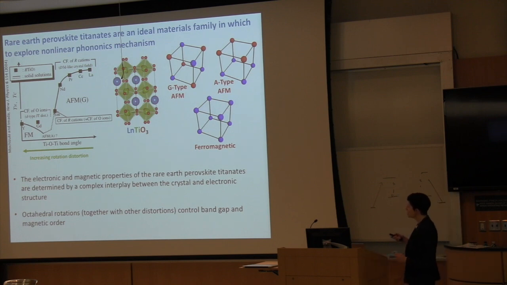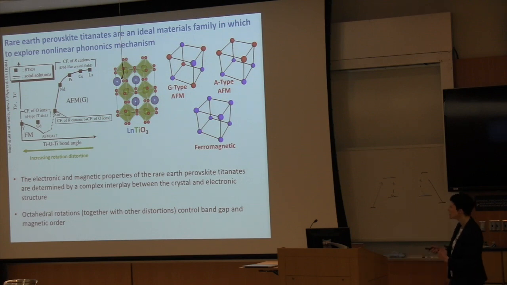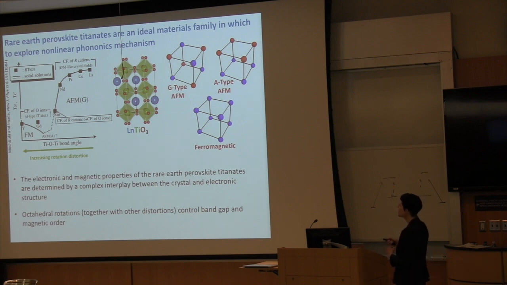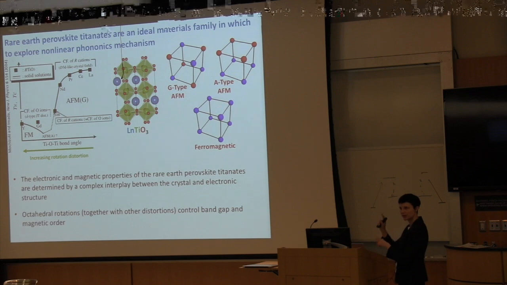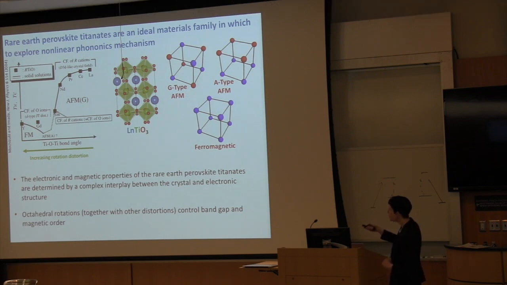And the electronic and magnetic properties depend on the magnitude of those distortions. So for larger rare earth cations and smaller octahedral rotation distortions, the spins on the titanium ions align in this G-type antiferromagnetic configuration. Those red and blue spheres represent spin up and spin down.